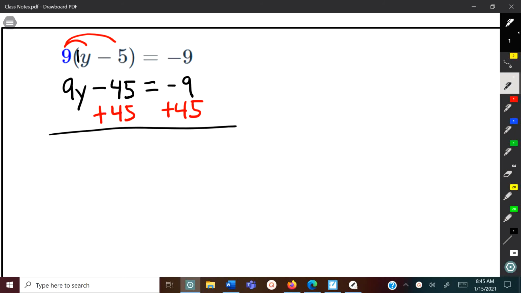So now I'm going to bring down the 9y. The 45s cancel out, and here I've got different signs, so I find the difference. 45 minus 9 is 36.